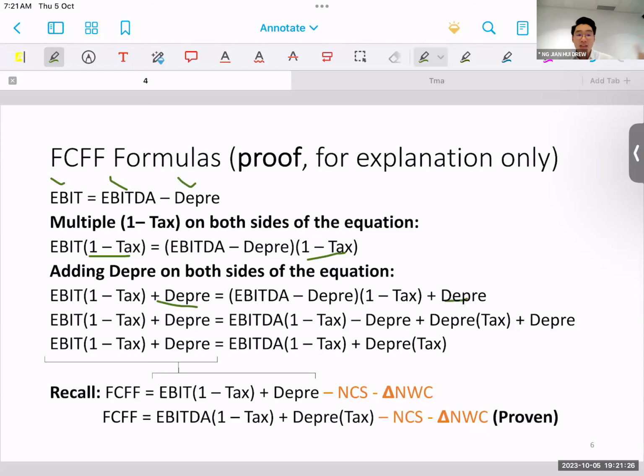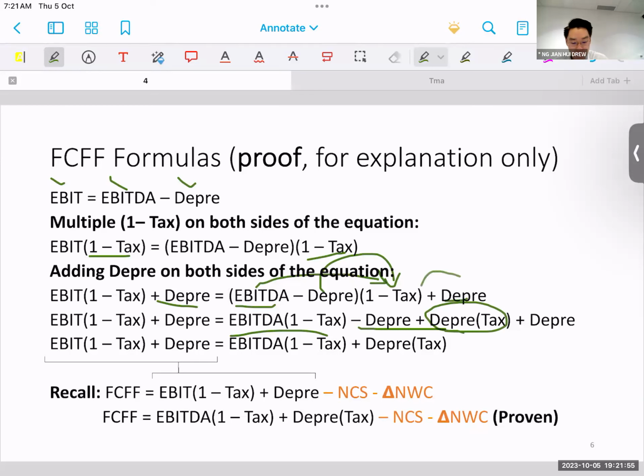Now I start doing a bit of manipulation. I multiply EBIT by 1 minus tax, which is given here, minus depreciation times 1 minus tax, which I actually multiply out. So minus depreciation times 1, and minus depreciation times negative tax will give you plus depreciation times tax.